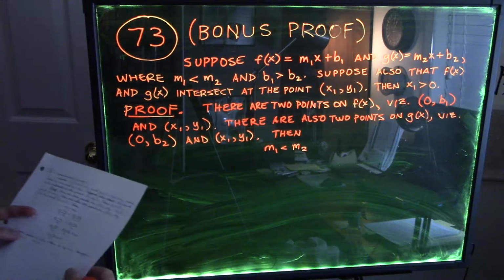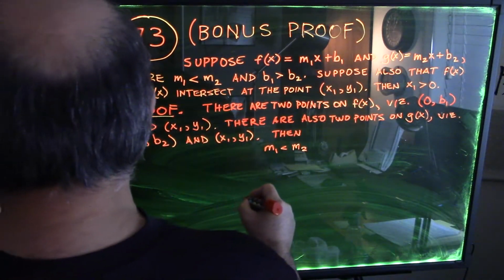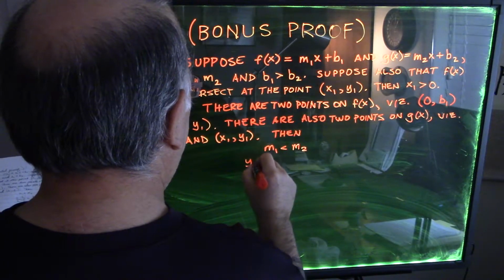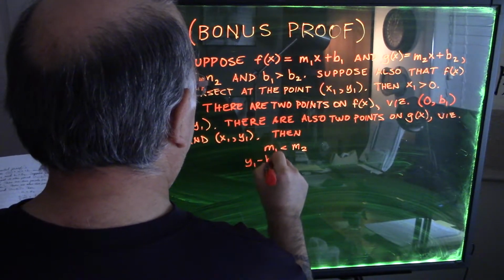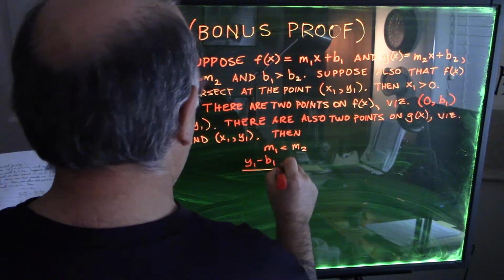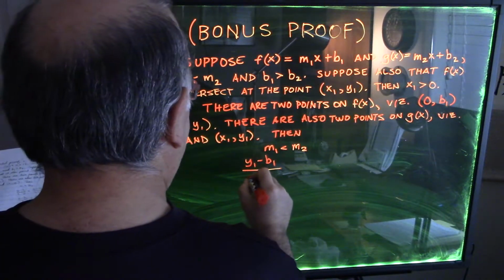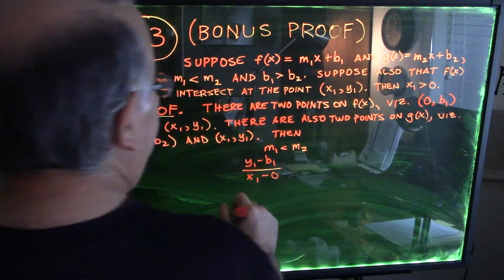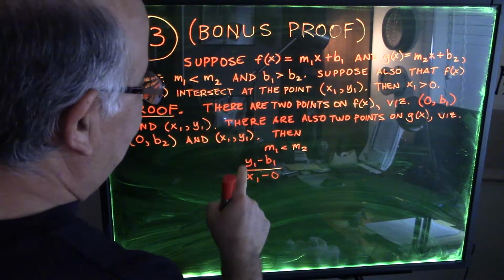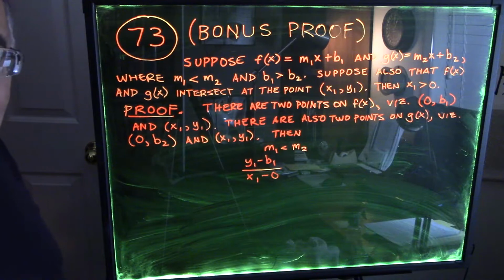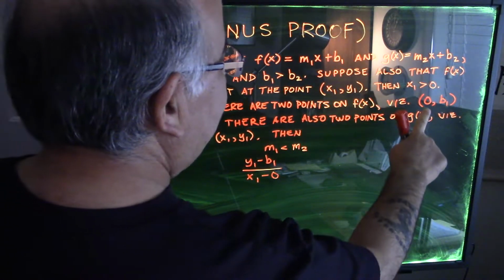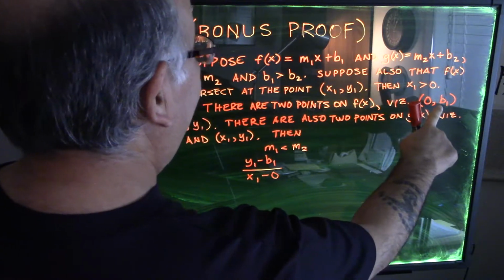And write that down. Instead of m1, you write y1 minus b1 over x1 minus 0. Is that? I'm using the formula y2 minus y1 over x2 minus x1, right? And this is the point x1, y1.